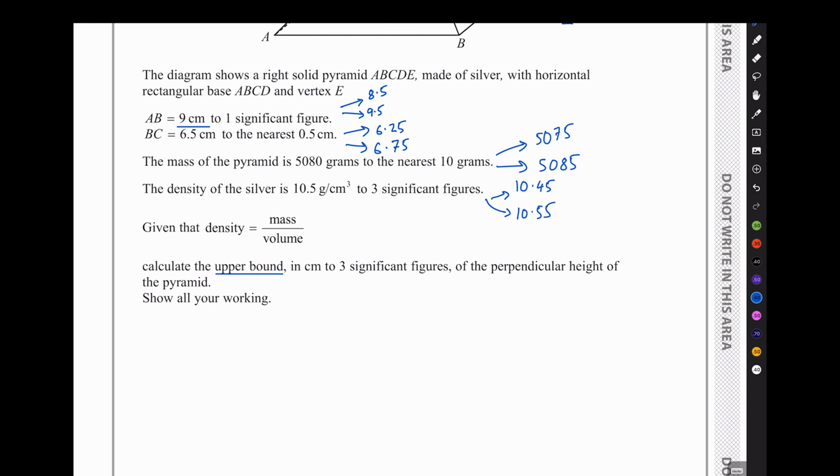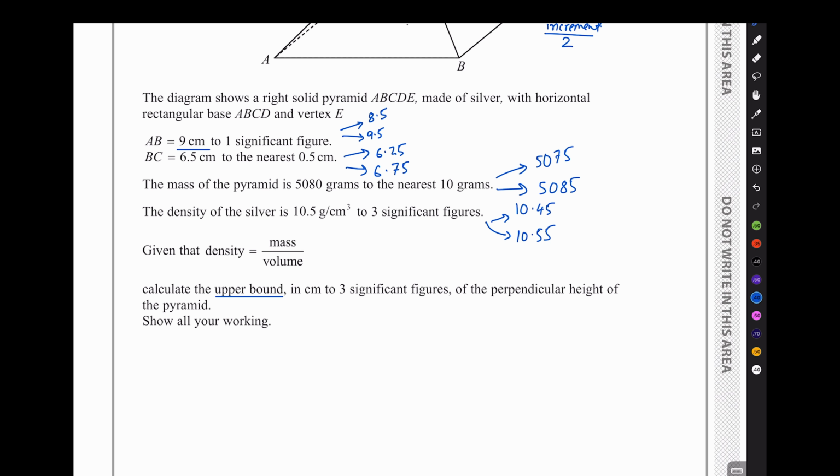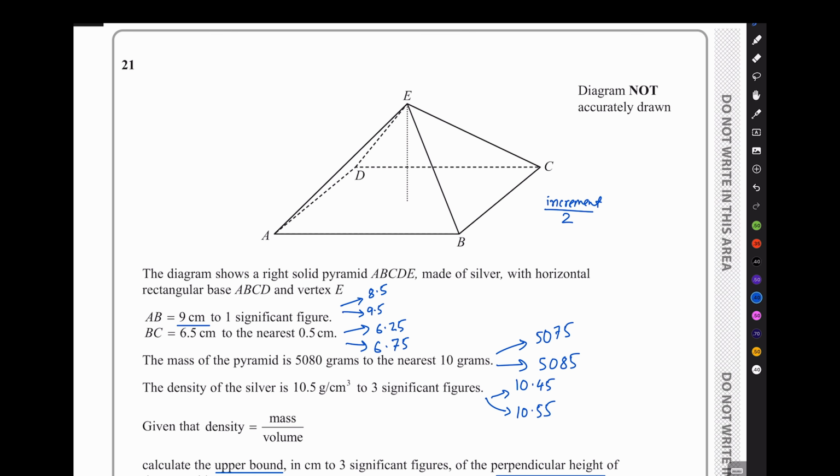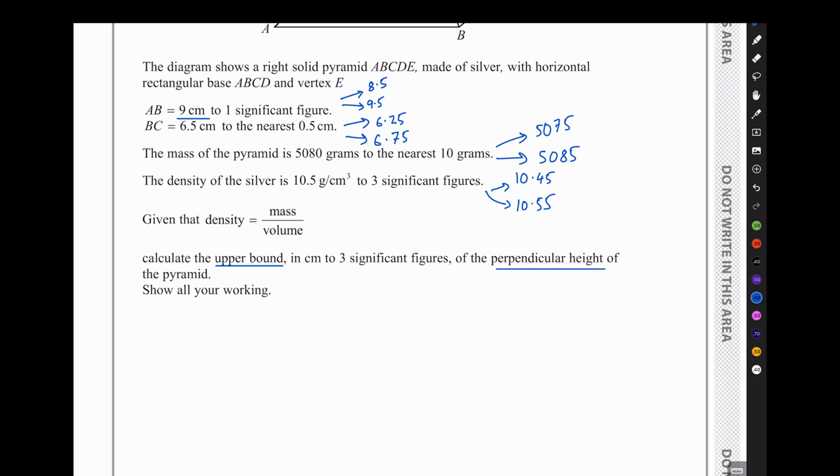Now we need to find what exactly? The upper bound of the perpendicular height. We are given the length, so we can find the base area and the volume. We have the formula to find the volume. Let me make volume the subject.